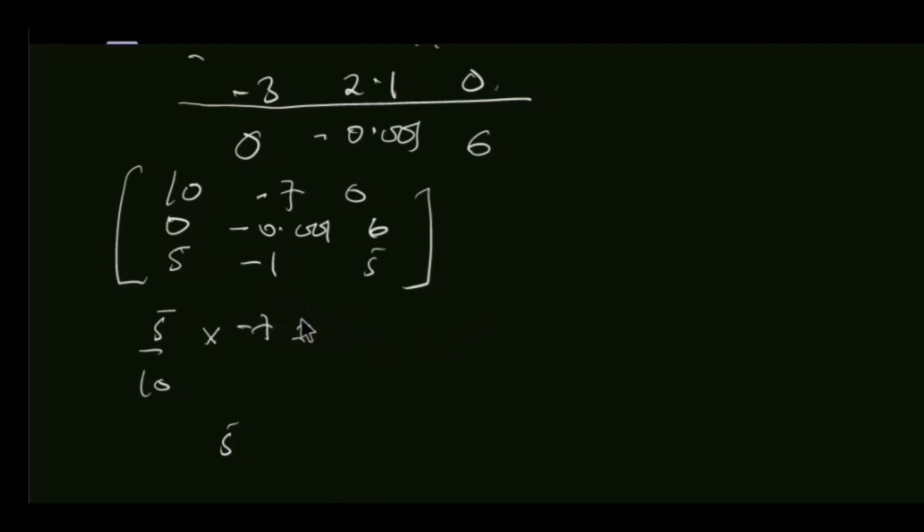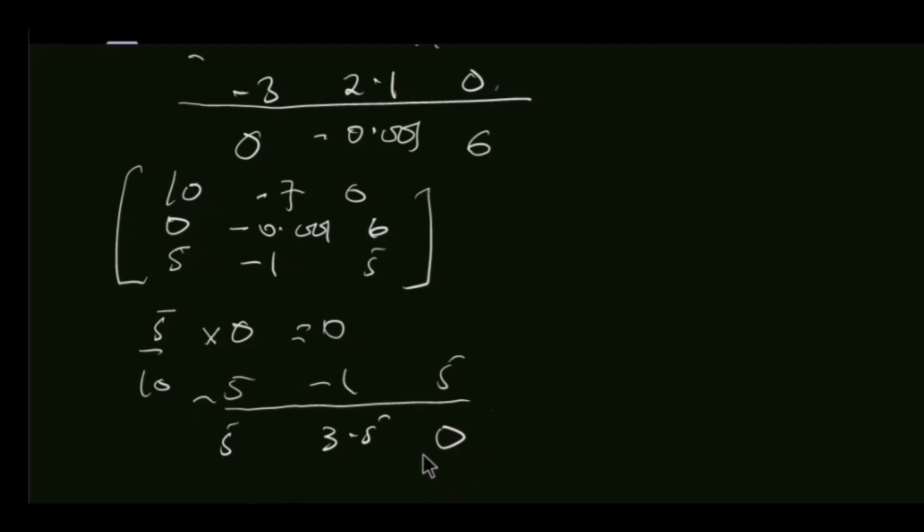Then I bring in my 0, times 0, then here will be 0. Then I'll subtract this from my last row, 5, negative 1, 5.